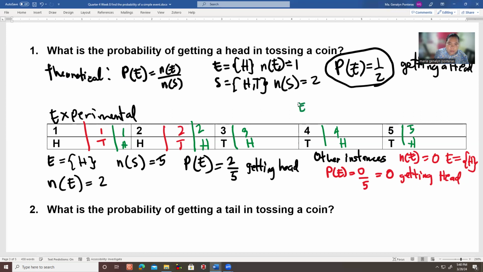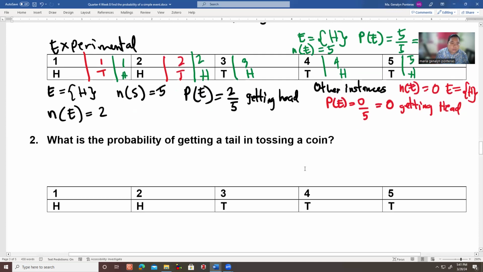If we want the event head, the cardinality is 5, meaning all of the 5 trials you get head. So P of E is equal to 5 over 5. That would be 1 for getting head. So it depends on the experiment. If the head doesn't occur, you have 0. If all of the trials show head, it's 1, and so on and so forth.